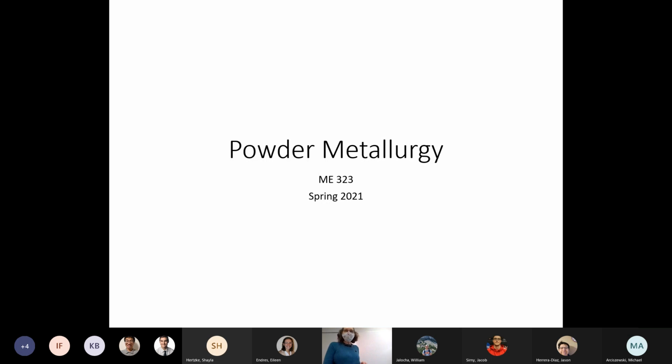In atomization, we basically melt our metal if it's a metal that has reasonable melting characteristics. And then we pour it into a chamber, and then we blast it with either gas or water. So we have our stream of molten metal that we then blast with either a gas or water that breaks the molten metal into droplets.